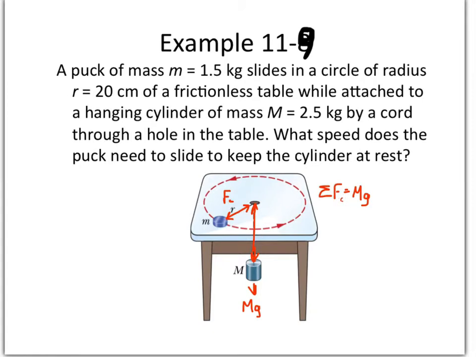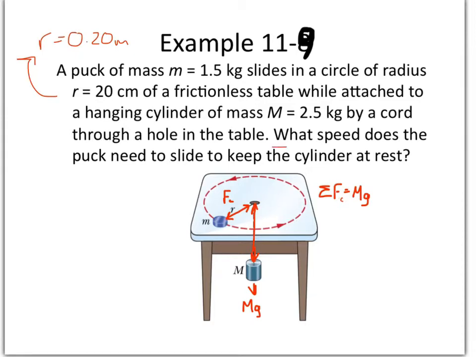So we have the mass of the big mass, 2.5 kilograms. We've got the mass of the small thing, 1.5 kilograms, and we have a radius. Let's change that radius to 0.20 meters, centimeters to meters is that.